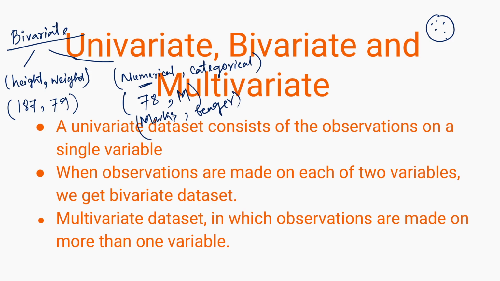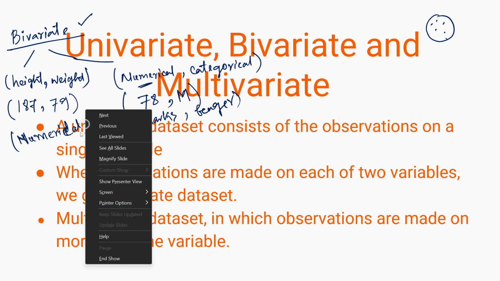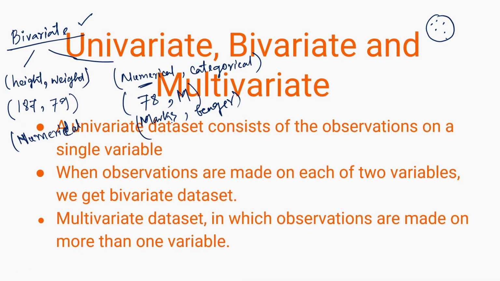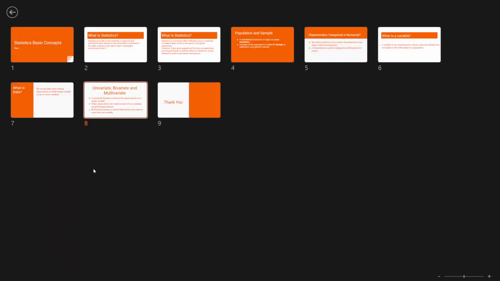That is why this is bivariate data. So in a bivariate data set, both characteristics or variables can be numerical, and it can happen that one is numerical and the other is categorical. I hope this is clear.